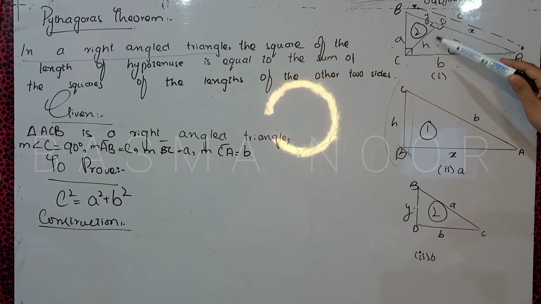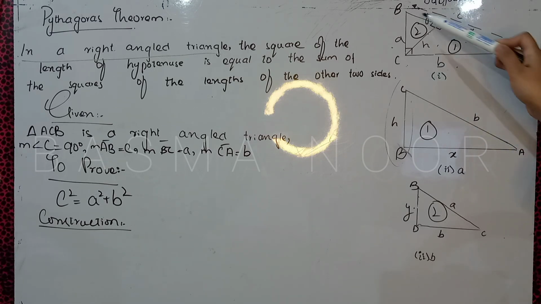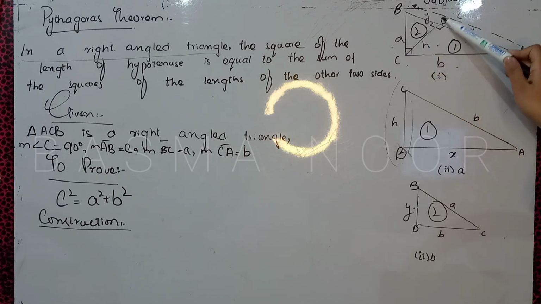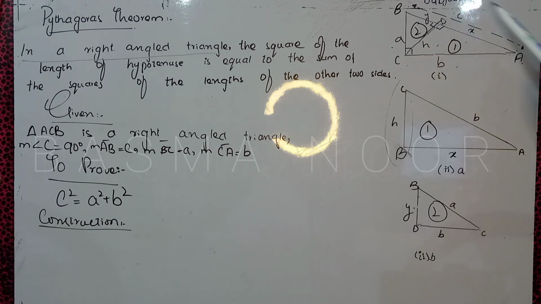This is the construction work, and let CD be H, AD be X and BD be Y, and the line segment CD splits triangle ABC. If you draw this line, it splits the triangle into two parts, 1 and 2, which are separately shown in figures 2A and 2B.